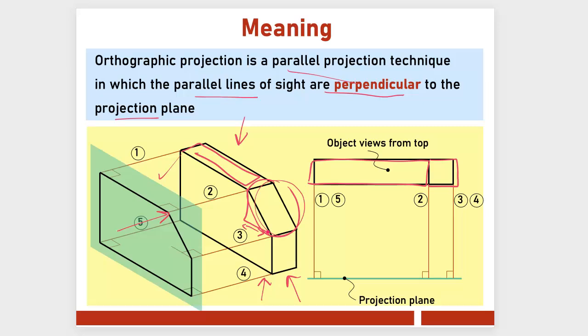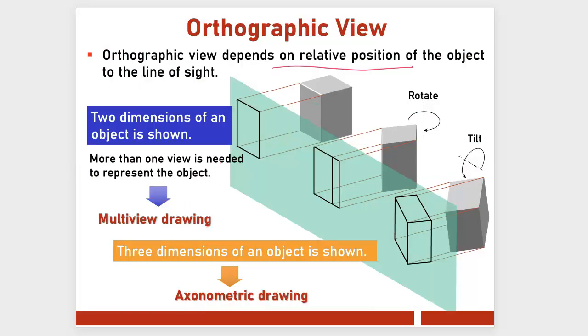So from here, what you need to know is orthographic projection is a parallel projection technique in which the lines of sight are perpendicular to the projection plane. So you have two projection planes here. Number one is here from the side and another is from the top, right? So orthographic view depends on the relative position of the object to the line of sight.